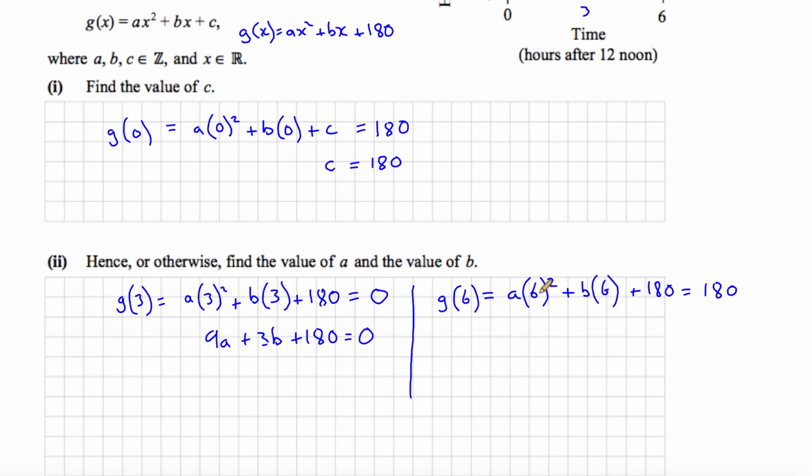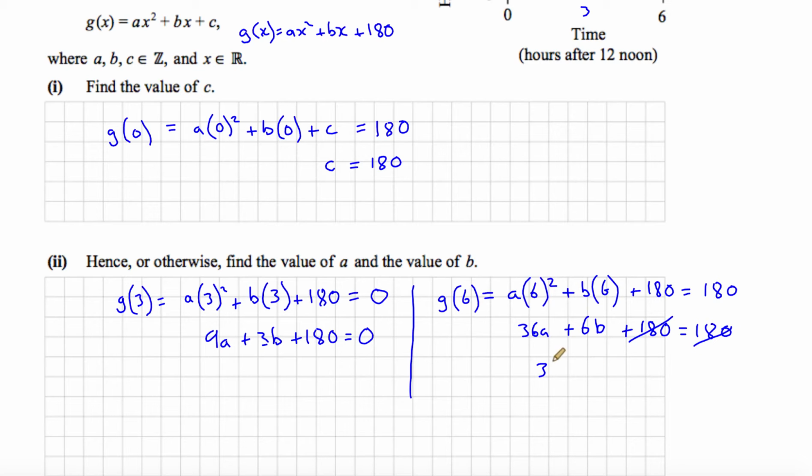So what does that give me? Well, 6 squared is 36, so that's 36a, plus b by 6 is 6b, plus 180 equals 180. I can subtract 180 from both sides.